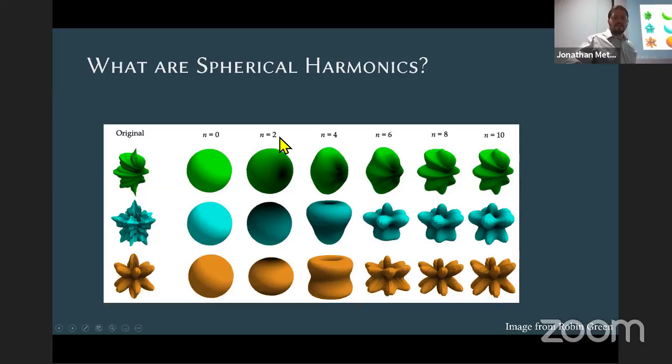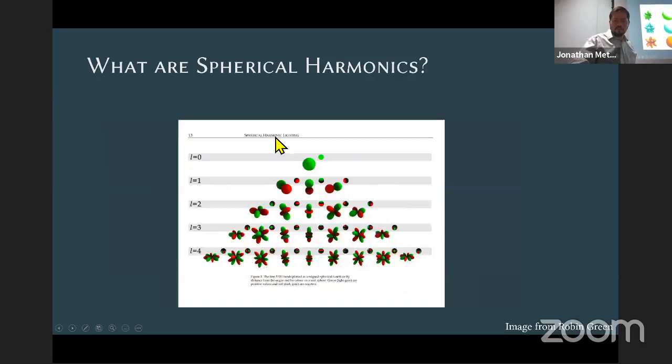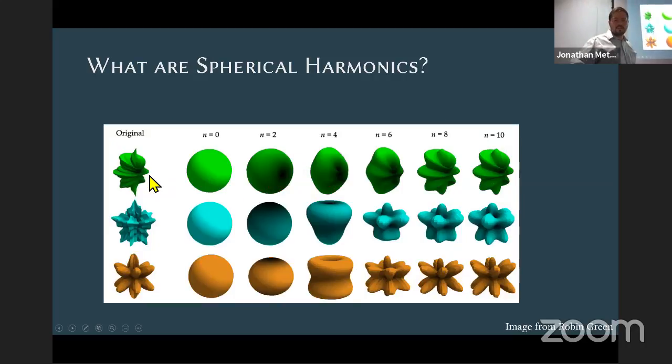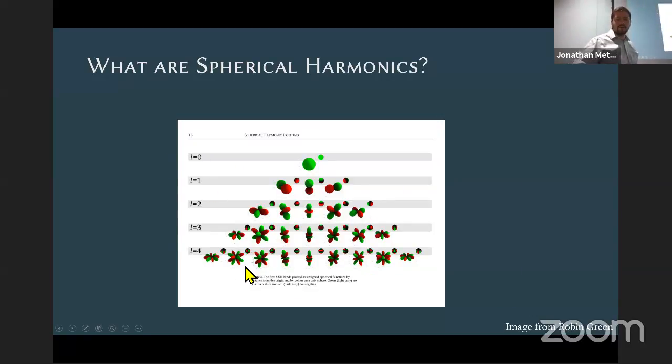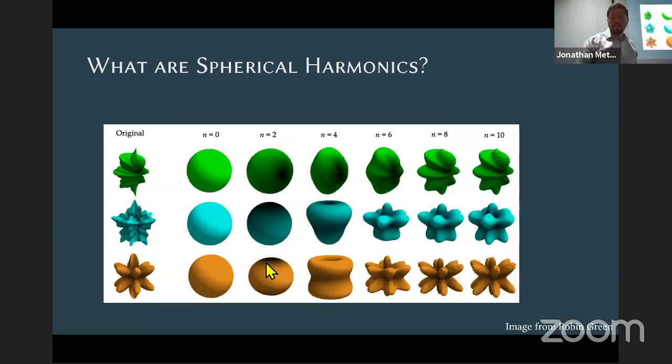If we start to go to n equals 2, in other words, if we pick these bands, we have 1, 2, 3, 4, 5, 6, 7, 8, 9 spherical harmonics, then we can take each of these models, and this is what an approximation would look like using spherical harmonics. If we go all the way to 10, basically what's happening is you just get more lobes. They start repeating more frequently.